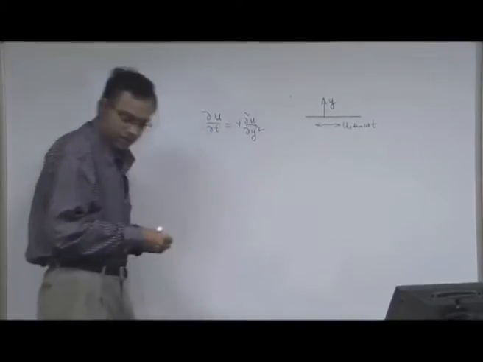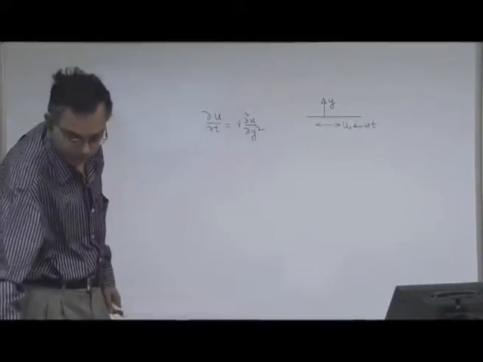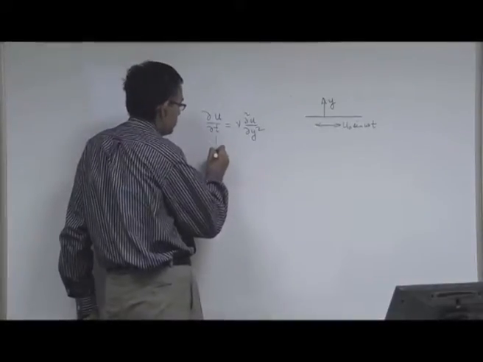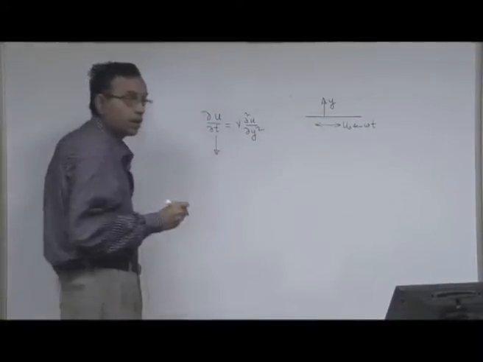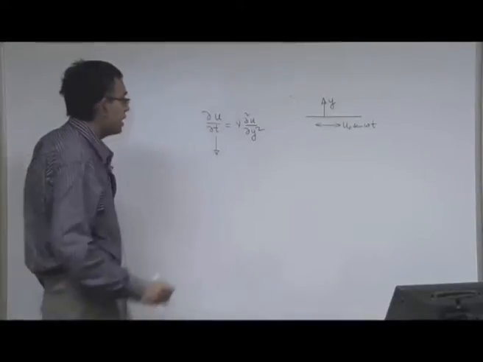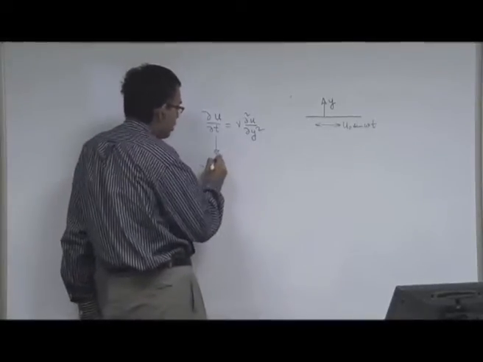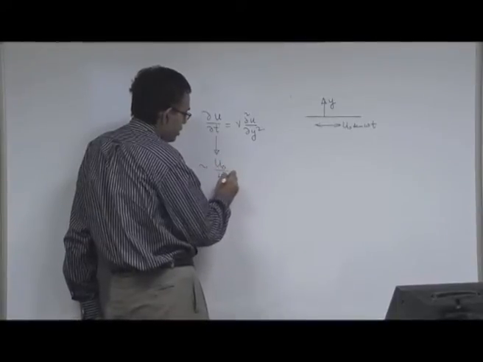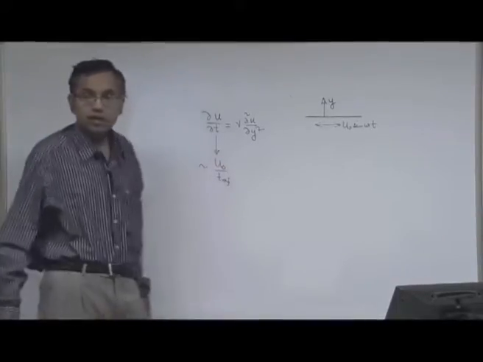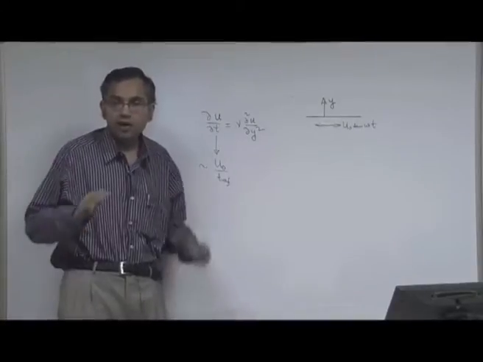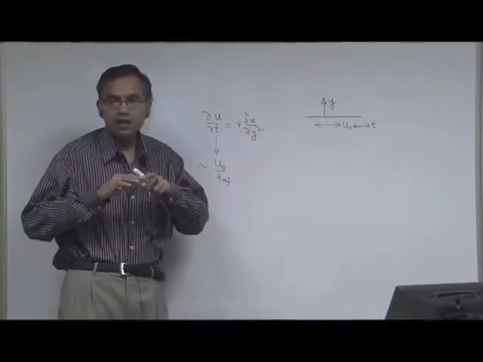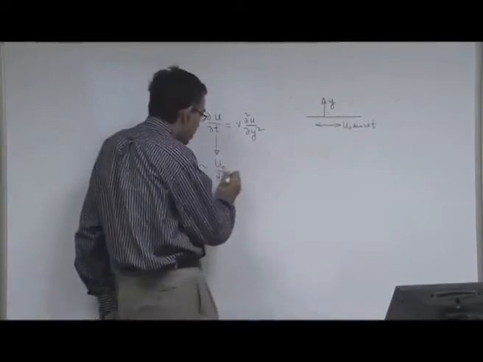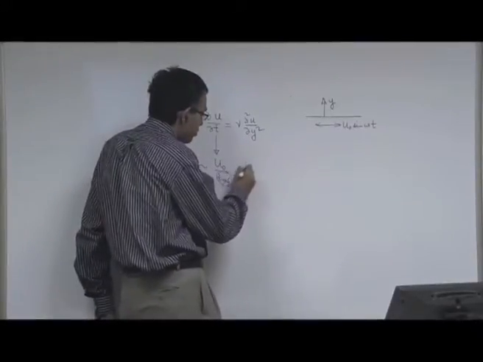So, let us write the various scales. This scale is of the order of u0 by the reference time scale, and because here there is a frequency of oscillation, the choice of the reference time scale is 1 by omega.